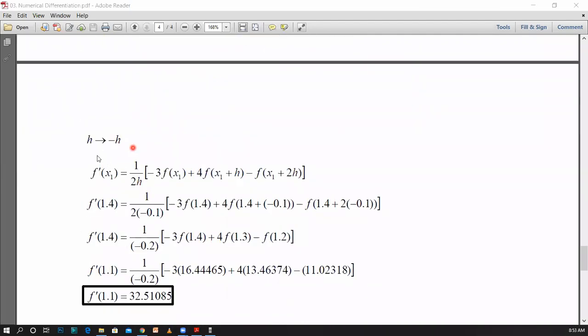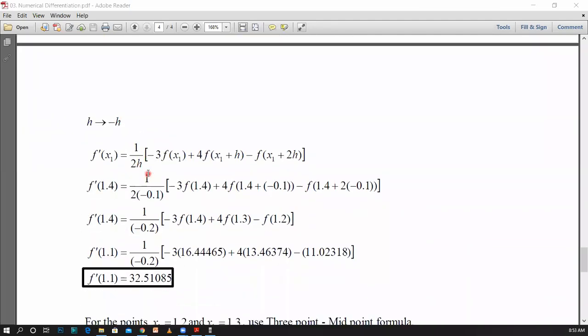If you come to this value calculation, you can see that we are using the same equation, but the only change we are making is replacing h with minus h. Therefore, once you perform the calculation by substituting x1 equals 1.4 and h equals 0.1, we get the substitution in this way. The value for x1 is 1.4, and x1 plus h is 1.4 plus minus 0.1.